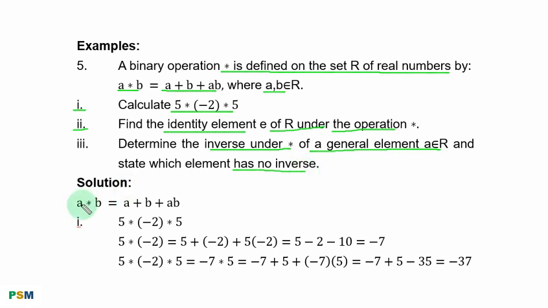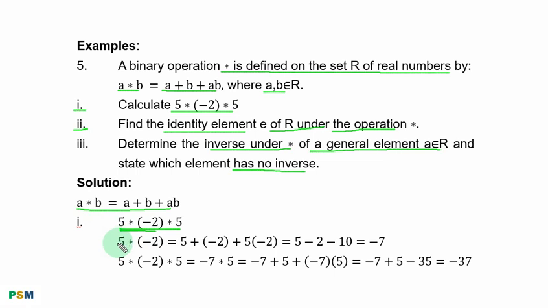Solution. This is the given operation. We are asked to find this. To do this, you take the first two elements, that is 5 and minus 2, because we have AB in the given operation.